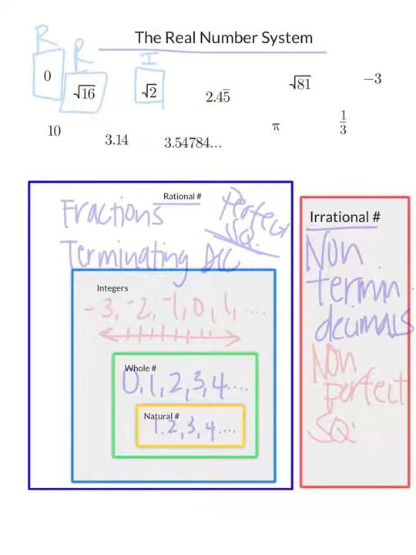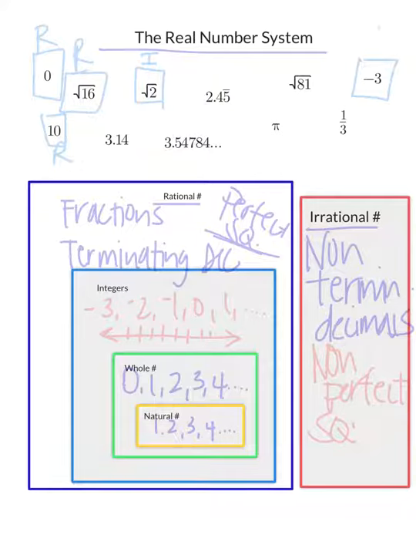Let's go over here to something easy. Number 10. 10, is that rational or irrational? Well, that's a whole number. It's also a natural number and an integer, so therefore it is rational. Let's go back over here to another easy one, -3. -3 is an integer, okay?